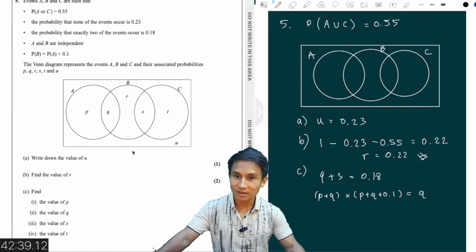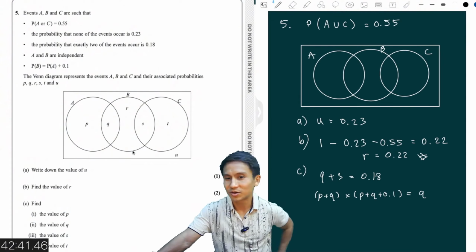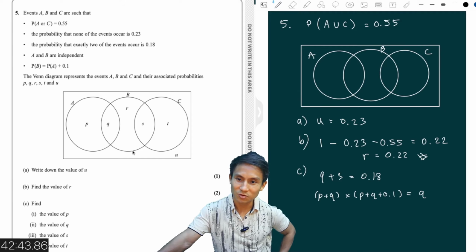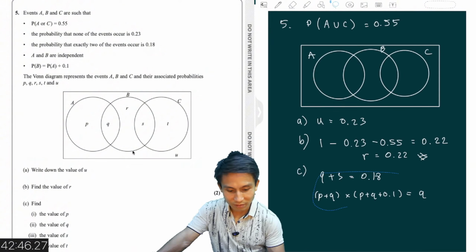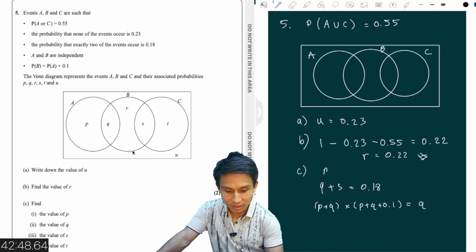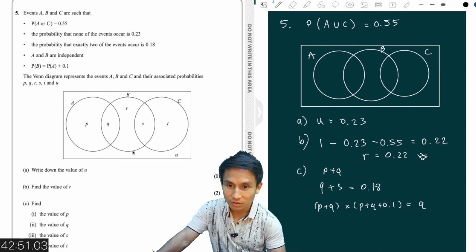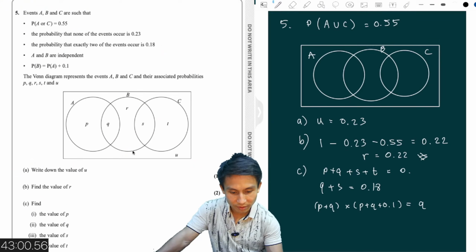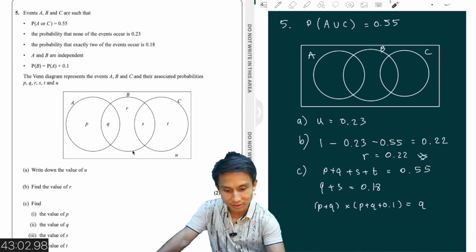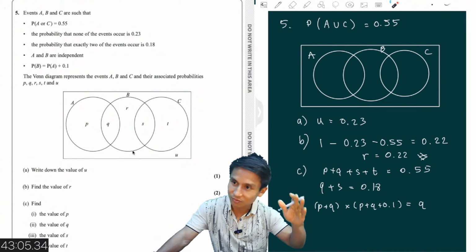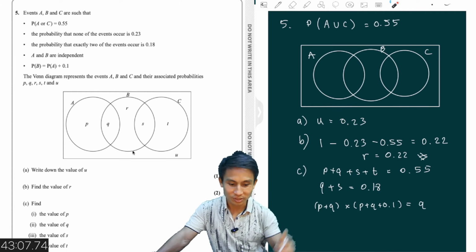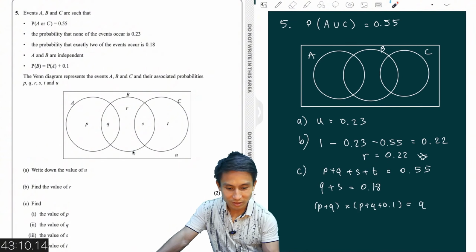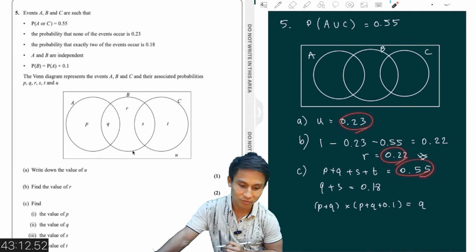Oh, and I forgot that, no, we already have that. We also have another one, where P plus Q plus S plus T should be 0.55, because the U and the R are just the remaining. It's the opposite to what I have here. So this plus this plus this would also be 1, right?